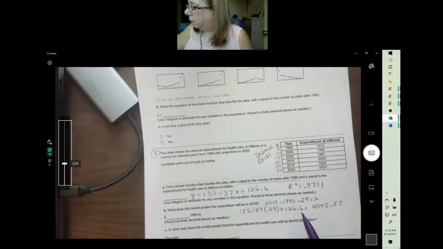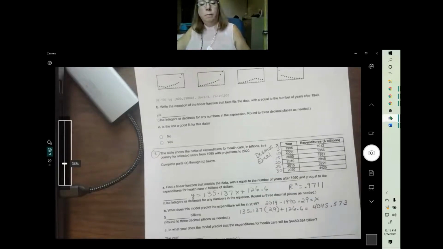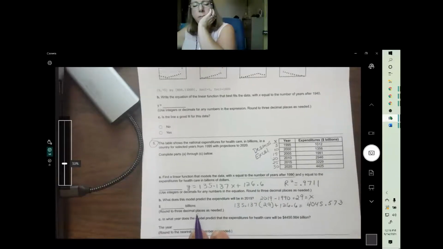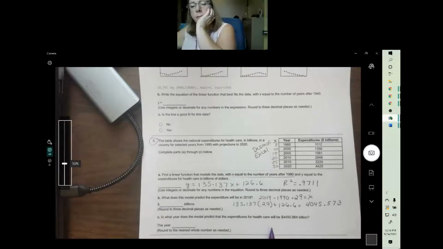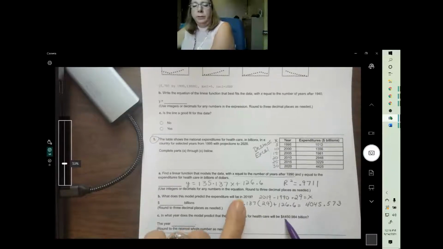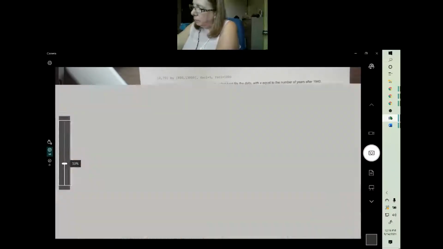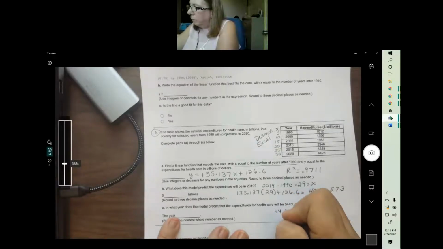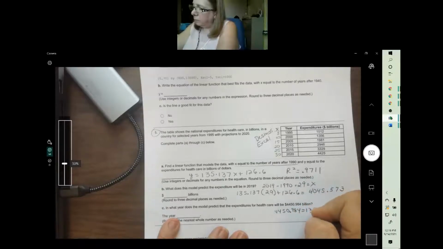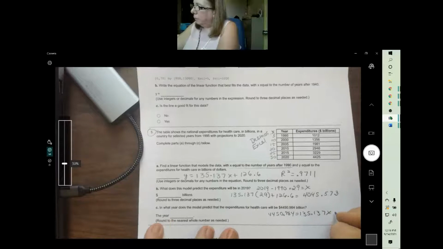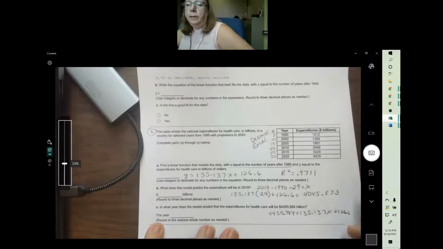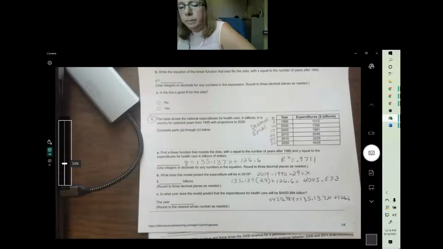Round to 3 decimal places. And then this one you would set the equation equal to this. Are there any questions on it? Then you just solve for x, which I know you know how to do.